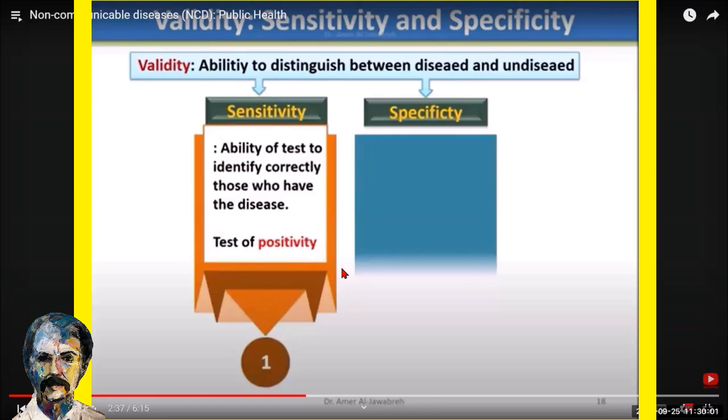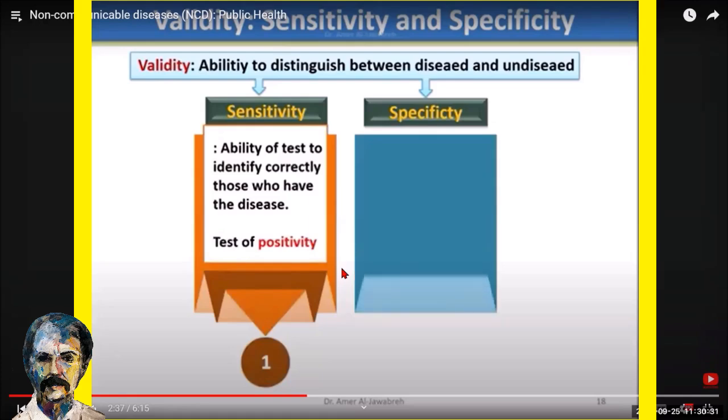Because sometimes it tests positive and the patient is healthy. So when the test is positive and the patient is really diseased, this is sensitivity. Sensitivity is related to positive tests, so all the time in your mind sensitivity should go to positivity.